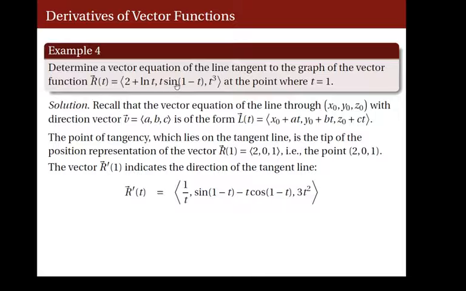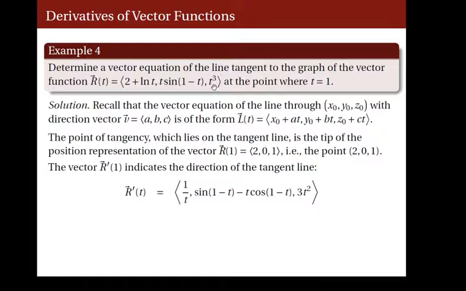Now, for t sine of 1 minus t, we need to apply the product rule, and we will get sine of 1 minus t times the derivative of t, which is 1. And then we need to add t times the derivative of sine of 1 minus t. But the derivative of sine is cosine, so we will have cosine of 1 minus t. And then by chain rule, we need the derivative of 1 minus t, which is minus 1.